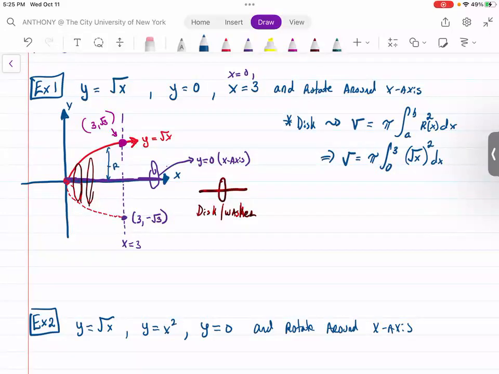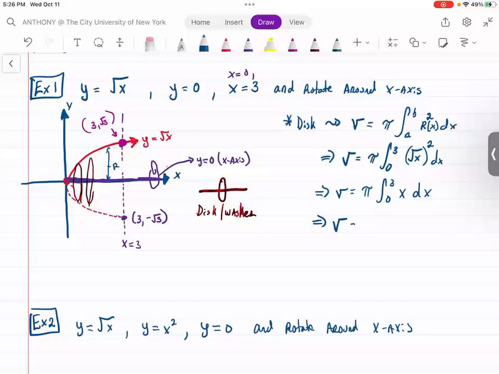And you can simplify this by saying that your volume V is equal to pi times the integral from 0 to 3 of the square root of x squared, which is just x dx. And you can get a solution, right? If you compute the volume, what is the antiderivative of x?